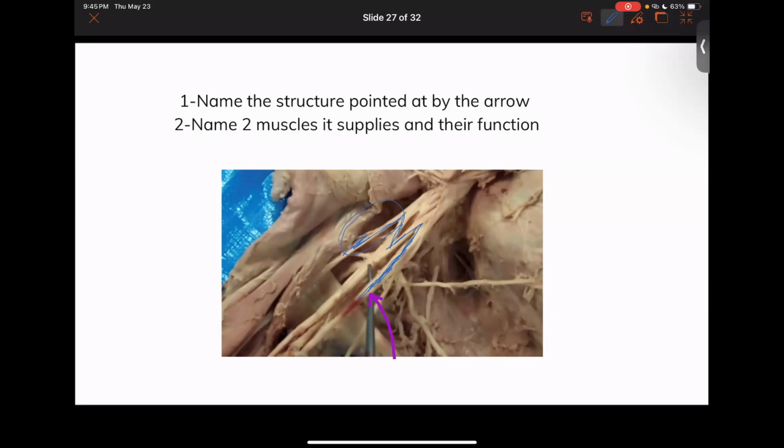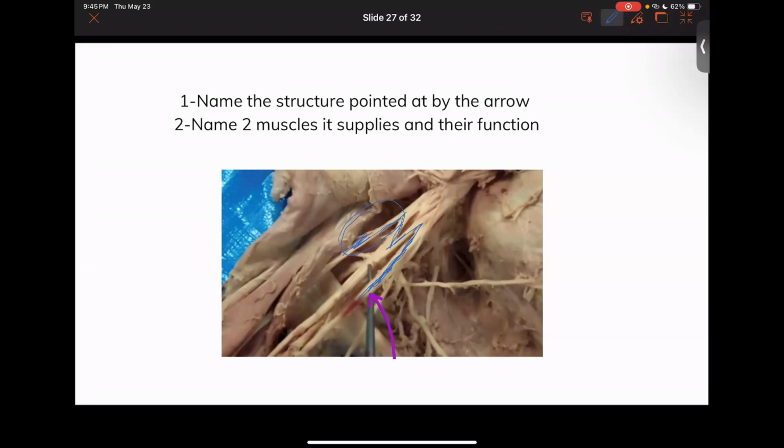So the muscles supplied by the ulnar nerve, there are many, but let's start with flexor carpi ulnaris. There are the dorsal interossei muscles, which are responsible for abduction of the fingers. It could be the palmar interossei muscles, which are for palmar adduction. The third and fourth lumbricals, that's really important, that it supplies, and the hypothenar muscles, that's important for opponens digiti minimi.